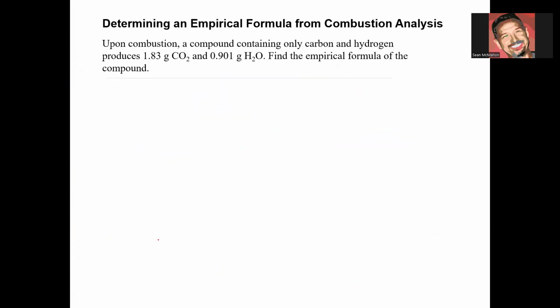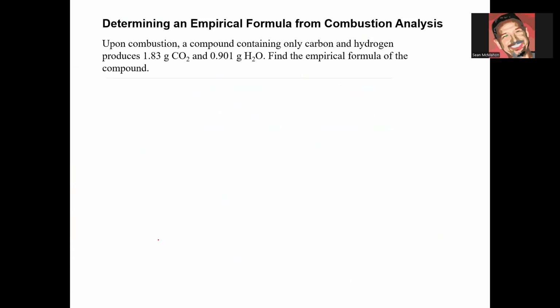So why is that important? Well, part of your empirical formula calculations involve combustion analysis. And instead of them just giving you the element of carbon and hydrogen to use that mass data to determine empirical formula, they give you the CO2 and the H2O.